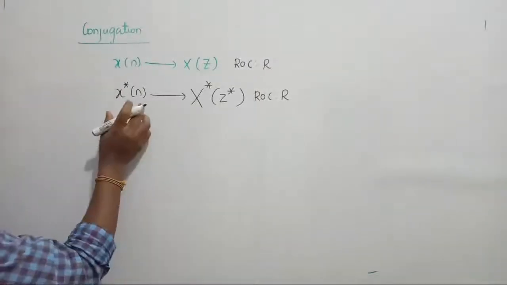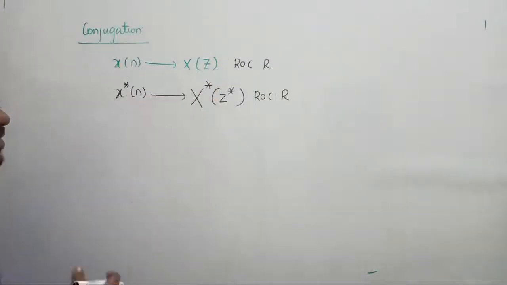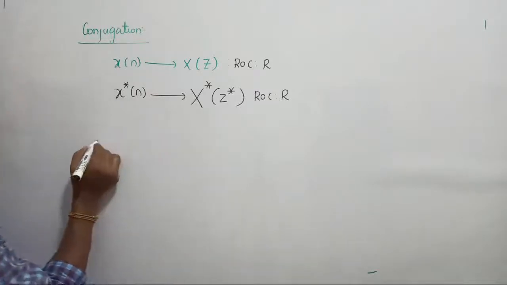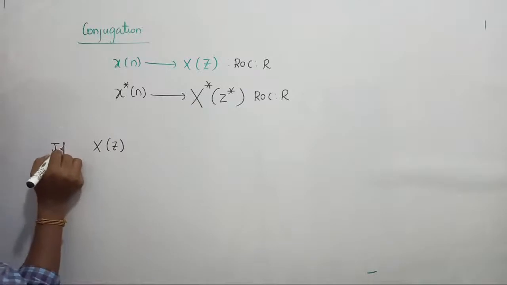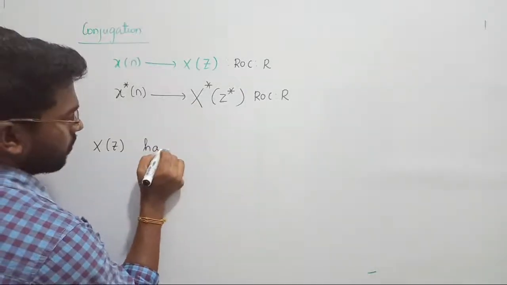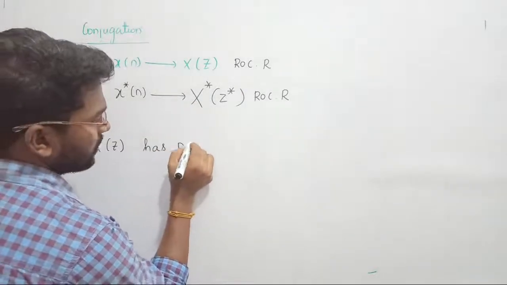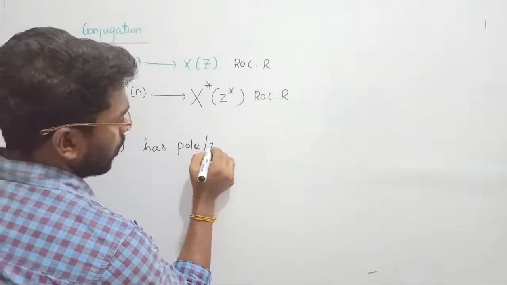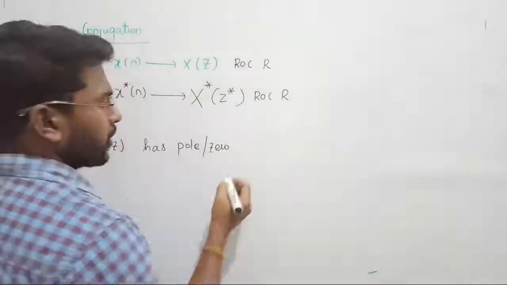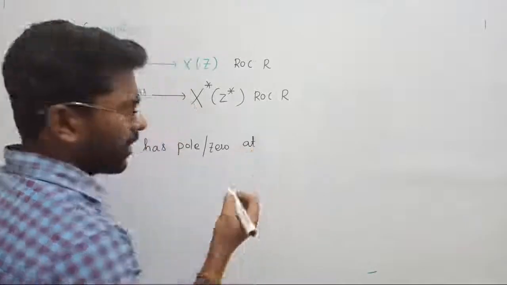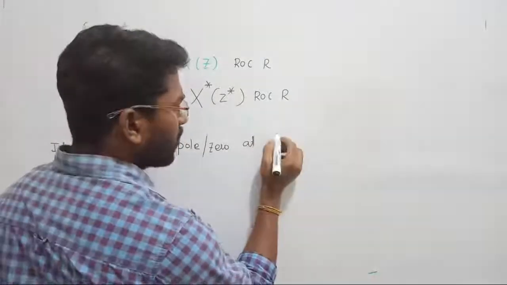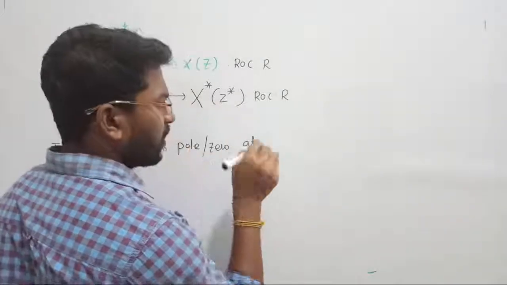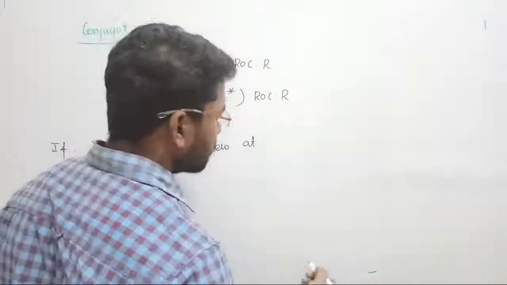Let us see. If I have a signal x of n and its corresponding transformation is x of z, now let us define a very important property. If x of z has a pole or zero at some point, that point can be defined in terms of poles and zeros.